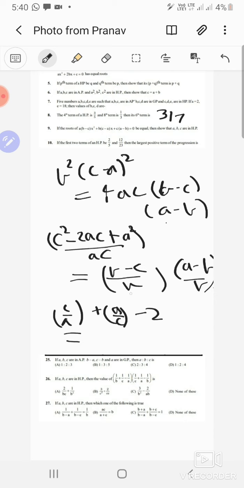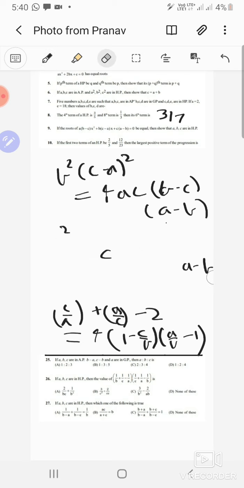So it's equal to, oh, it's supposed to be 4 over there, I think. Yeah. So 4 into 1 minus c upon b into a by b minus 1. Okay. Just hope something nice comes out. Fine. Erase this now.